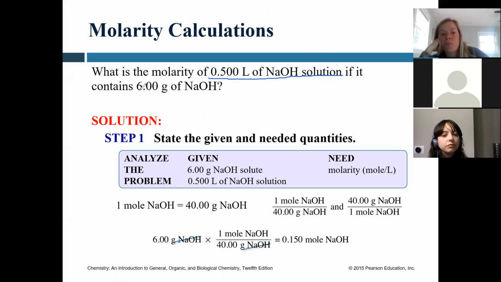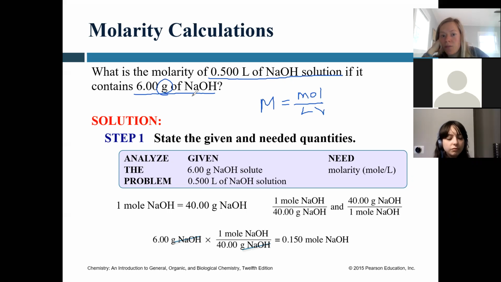But here, we're given 6 grams of the NaOH. Well, molarity equals moles over liters. I need to get my moles, right? It's not in moles, it's in grams. But moles and grams are really easy to convert between if we know the molar mass. Can we get the molar mass of NaOH? Oh yeah, we just look it up.